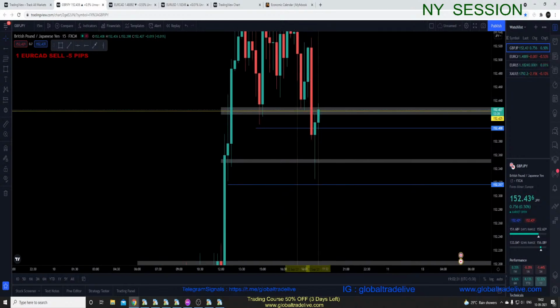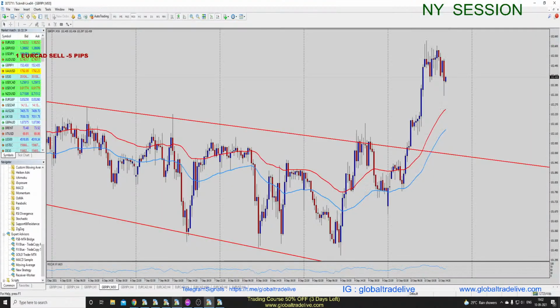Okay, so overall I lost around 10 pips today in two trades. Took two trades, so I'm calling it a day over here. Okay, so the second trade, minus 5 pips.